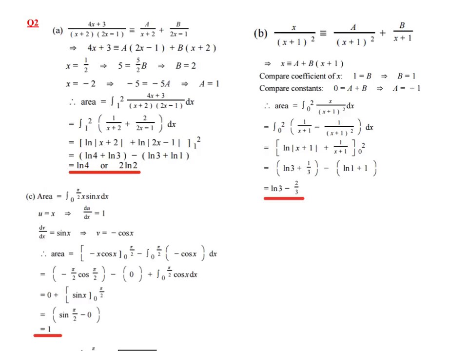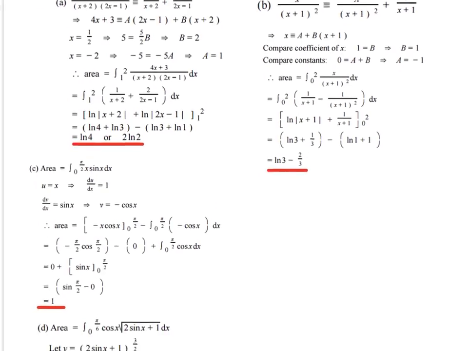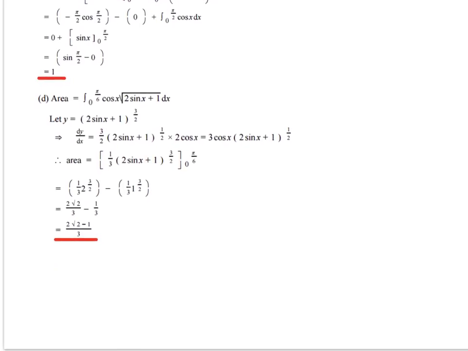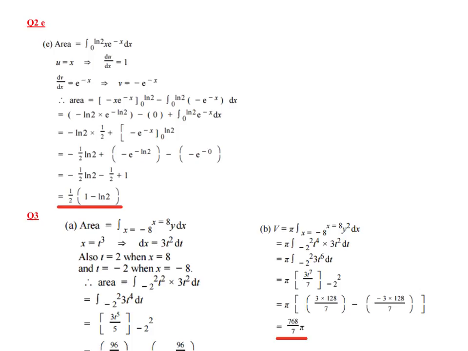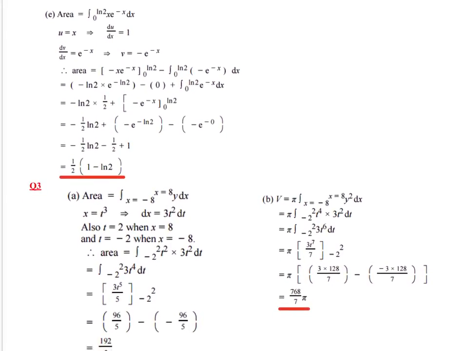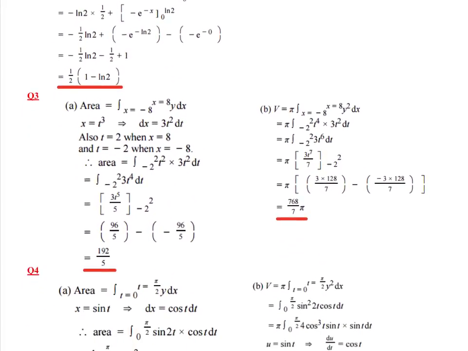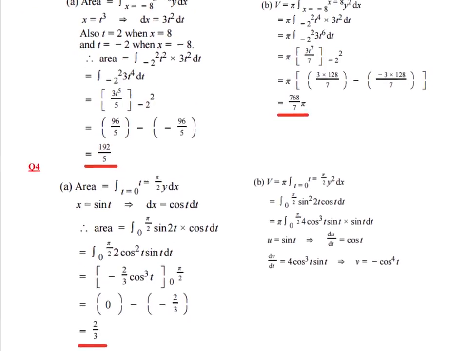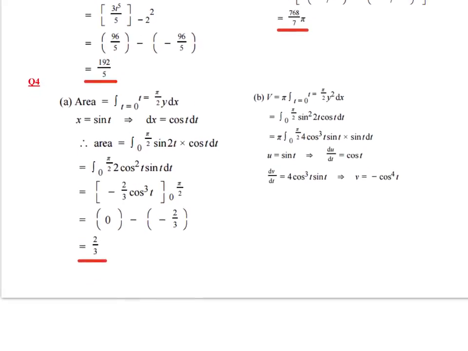Question 2, if you'd given it a go, it was partial fractions and then some more integration. Some more parts of the question if you want to go on. As I said, that was the absolute bare minimum that I was asking you to do. Tail end of question 2, and then moving on to question 3, and then 4.